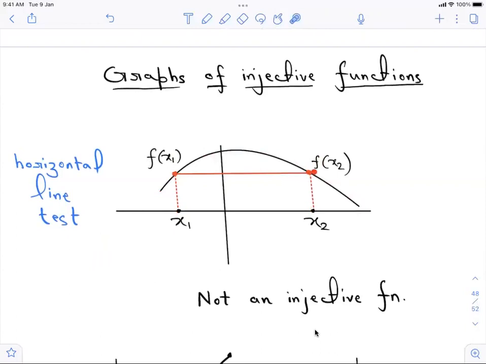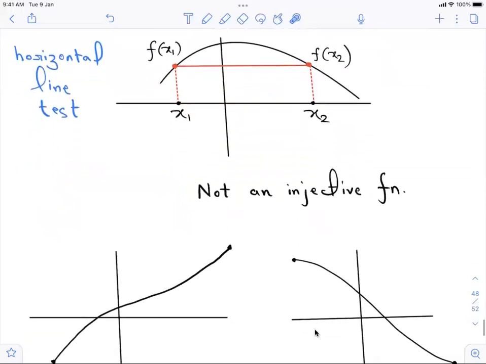So f(x1), f(x2), these are the y coordinates of these points, and because of this horizontal line, they're the same. So two different inputs leading to one single output means the function is not an injective function. So if a function passes the horizontal line test, then it's an injective function.